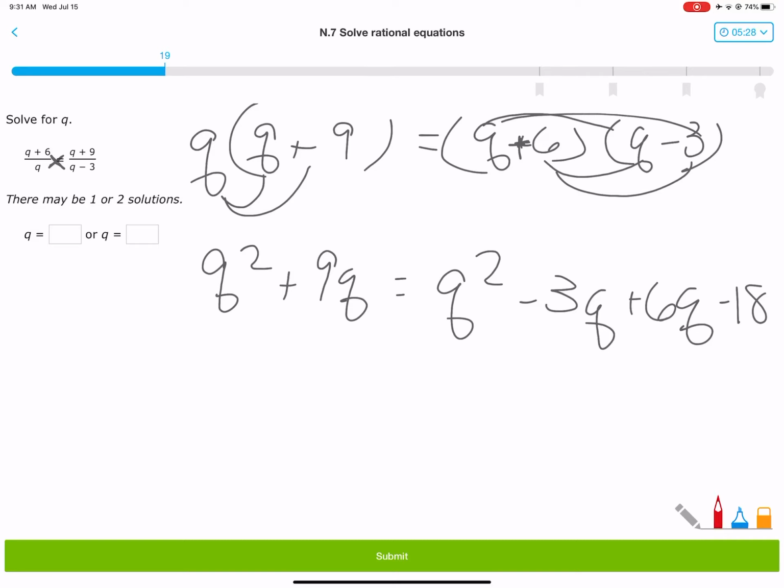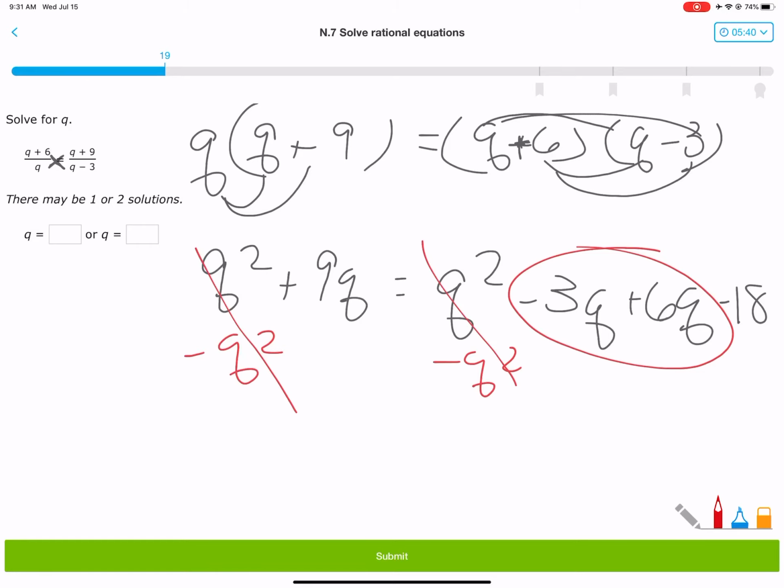First things first, we're going to combine our like terms. And maybe even subtract q squared on both sides, since those can cancel each other out. And we're left with 9q equals 3q minus 18.